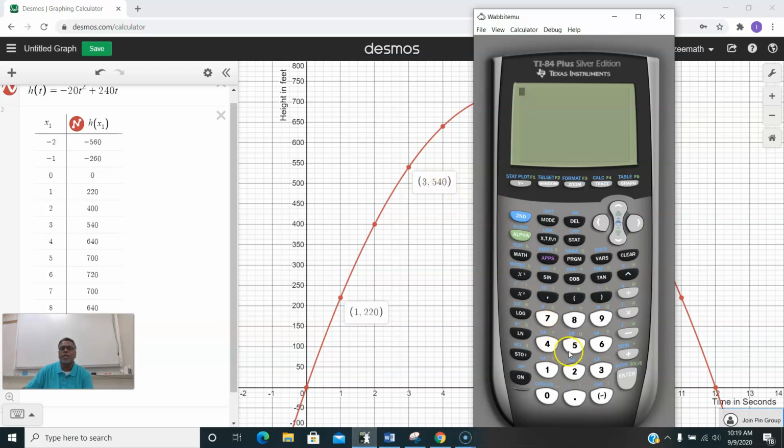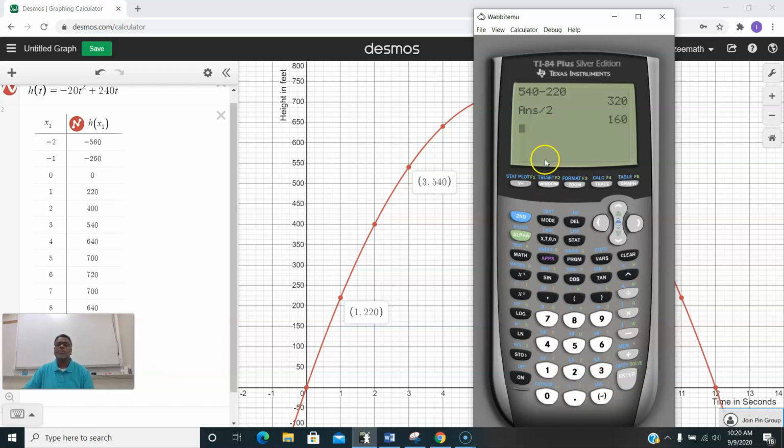On the numerator, I'll type in 540 minus 220, right? That is the difference in your y values. The change in height is that much. And 3 minus 1, that is 2, right? The difference in time from 1 second to 3 seconds is 2. So I'll just divide that answer by 2 to give me 160.